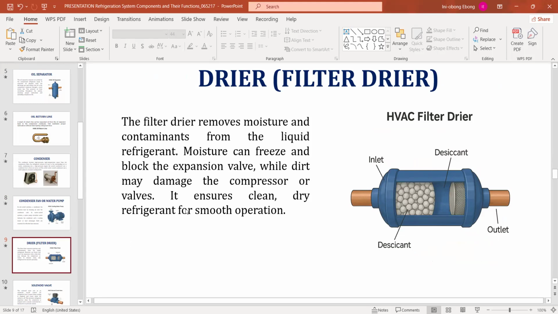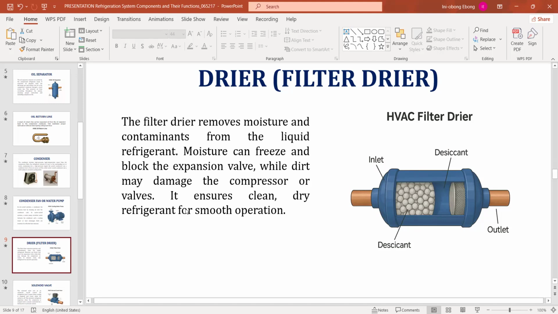If you have ever purchased a shoe or an electronic, you see something like a sachet inside. That is called silica gel. If you open it, you see small seeds inside. What that does in that package is to fight against moisture. If that thing is not there, moisture will attack that electronic. For example, let's use your shoe.